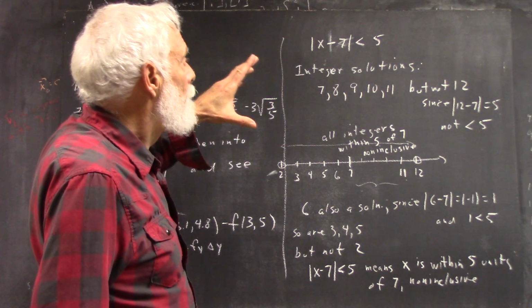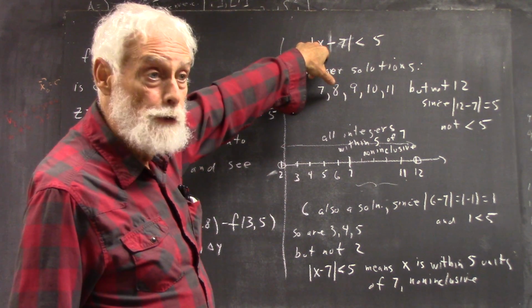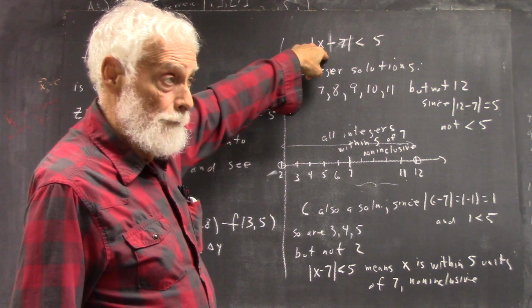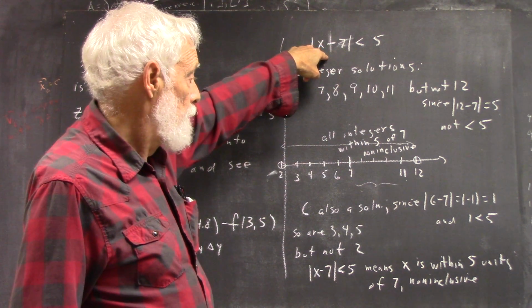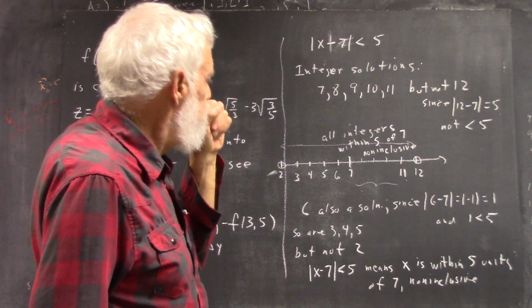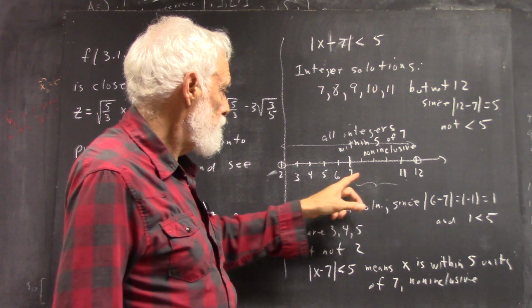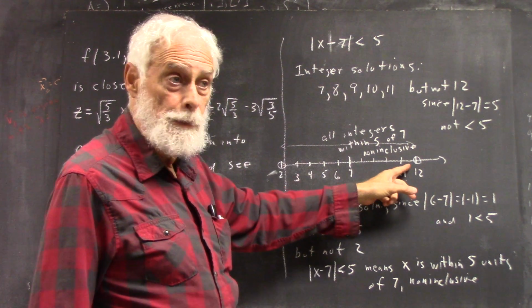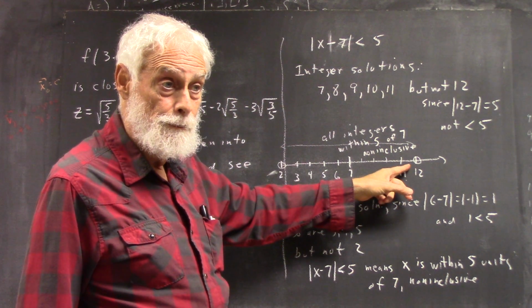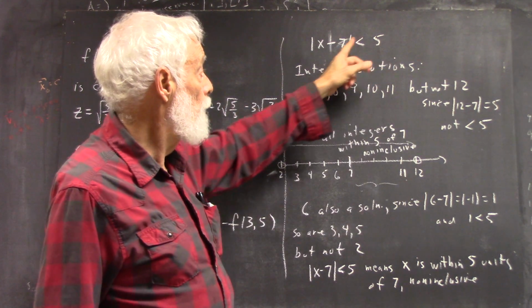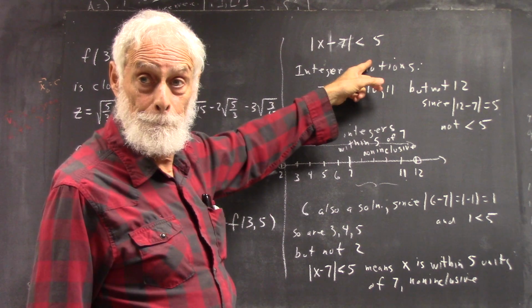Now, I didn't say anything about integer solutions, did I? Okay? So, I'm going to say that any number between 7 and 12, not equal to 12, is going to be a solution, isn't it? Because it's not till we get to 12 that we find a number that makes this false, right?